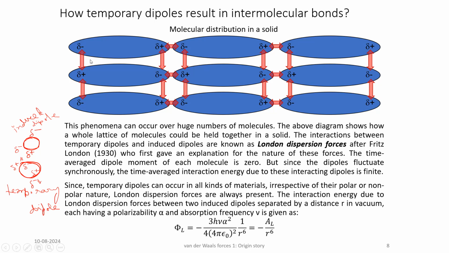If you focus on this picture, here is the temporary dipole with a minus sign and a plus sign. Similarly, it induces this particle the opposite way, plus and minus. This is how you can create a molecular distribution in a solid. The interactions between these temporary dipoles and induced dipoles are known as London dispersion force. This is one type of dipole interaction.